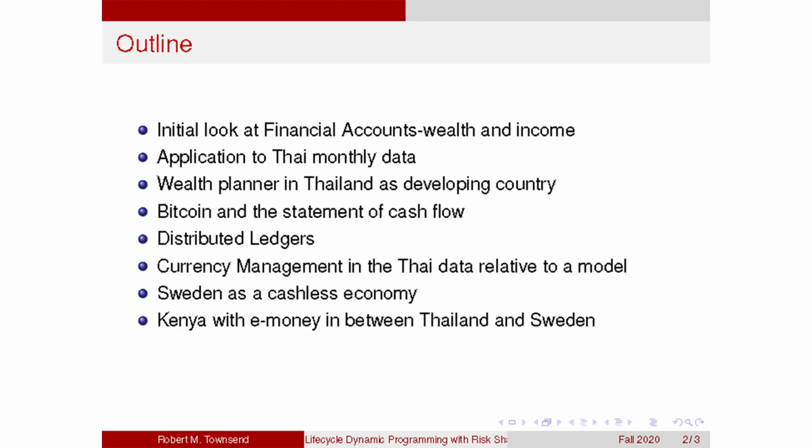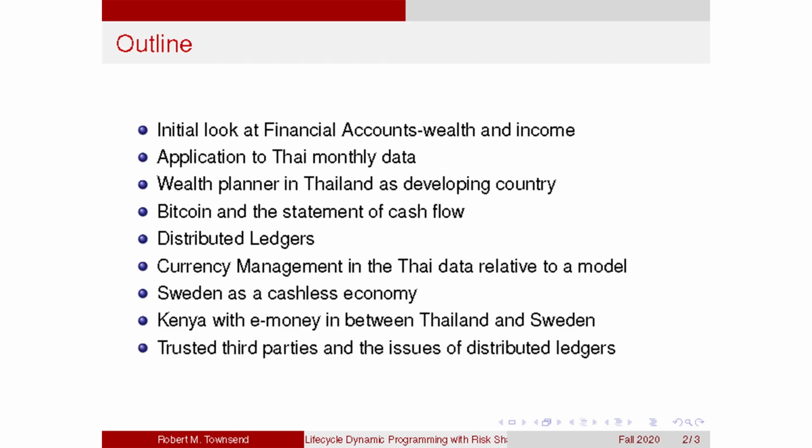These three are about various concepts of cash and cash management. Then we'll come back to the ledgers again and talk about trusted third parties, some problems in management that may or may not show up at the individual level, but definitely show up at the wholesale level, at the level of financial infrastructure.